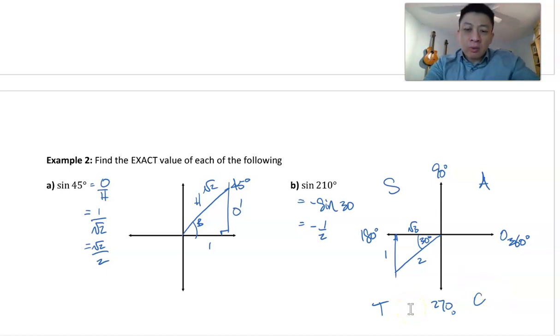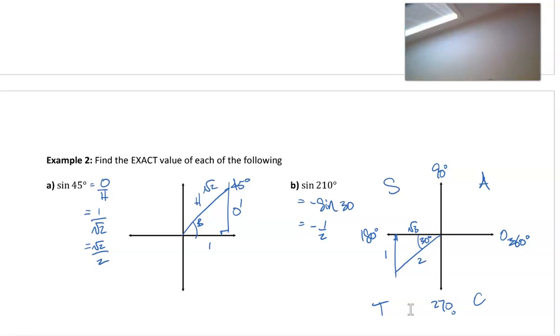It's because, remember, what we're doing is we're trying to take the measures of opposite over hypotenuse, right? So, you can actually calculate it and go, oh, that's sine of 30, and then actually work it out. And then the opposite is actually a distance of -1, right? And the hypotenuse is 2.